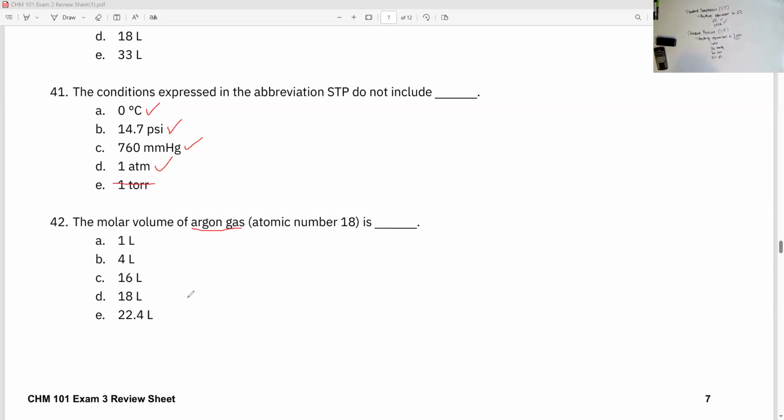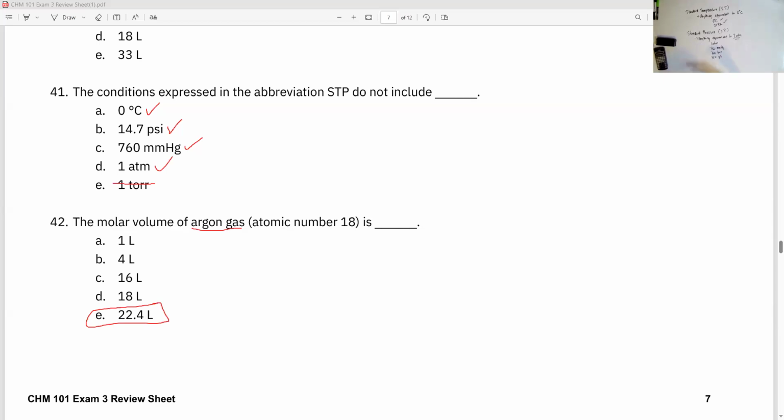The molar volume tells us that 1 mole of any gas at standard temperature and pressure is going to be 22.4 liters. It doesn't matter what the gas is. 1 mole of any gas at standard temperature and pressure is 22.4 liters. That's how much space it occupies.